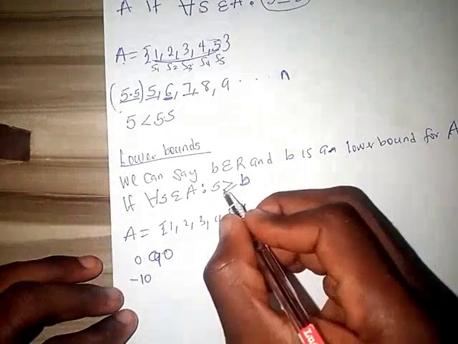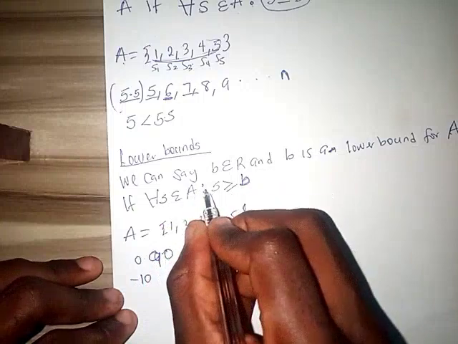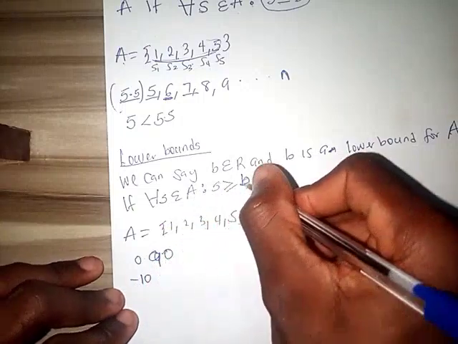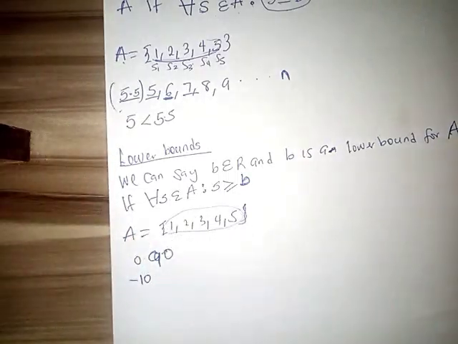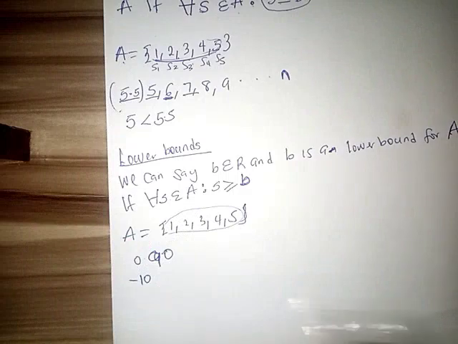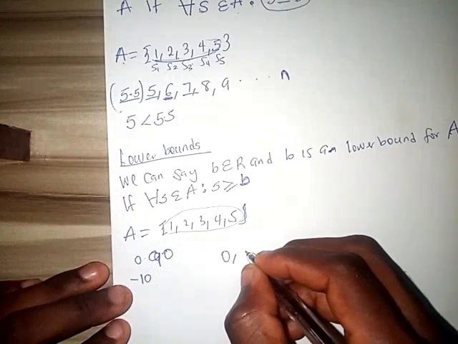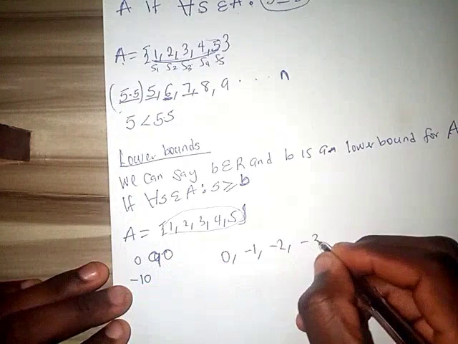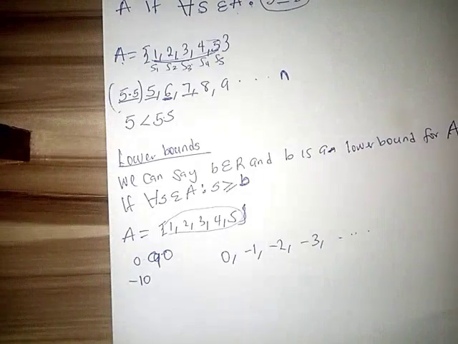But don't forget that for all s an element of A, s is greater than or equal to B. That means all the elements here must be greater than or equal to the lower bound. So what are the lower bounds of this one? Let's write 0, minus 1, minus 2, minus 3, dot dot dot. I can say minus 0.9 is there, minus 9 is there, and so on and so forth. So that is what we can say about upper bounds and lower bounds.